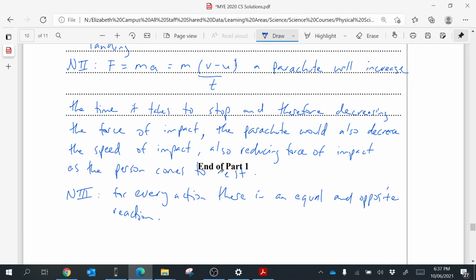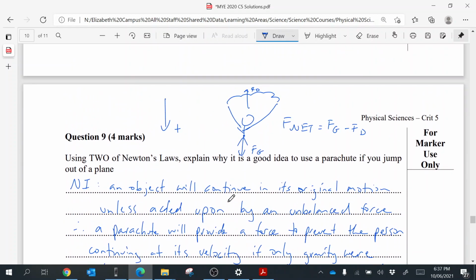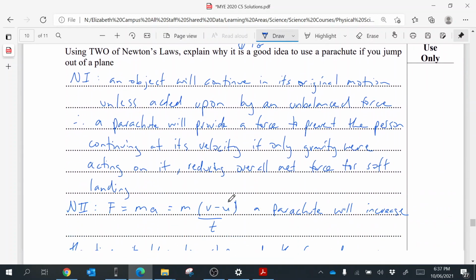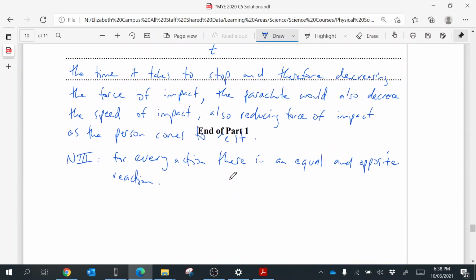So for a parachute, I'm just going to restate what we said before.